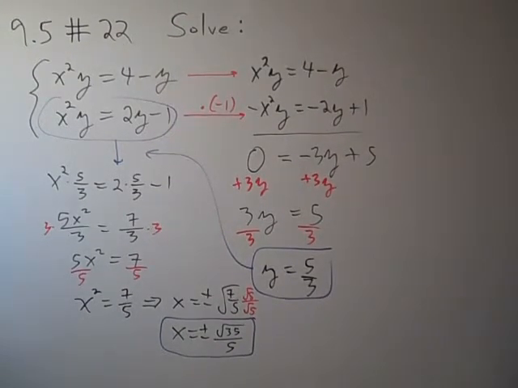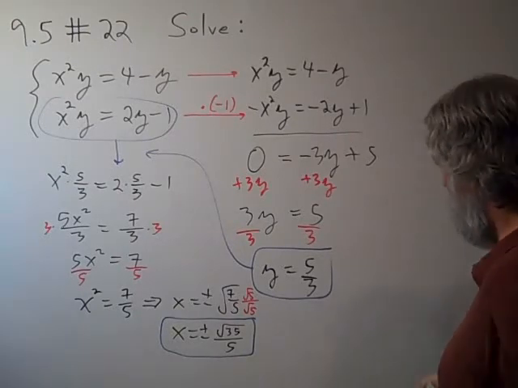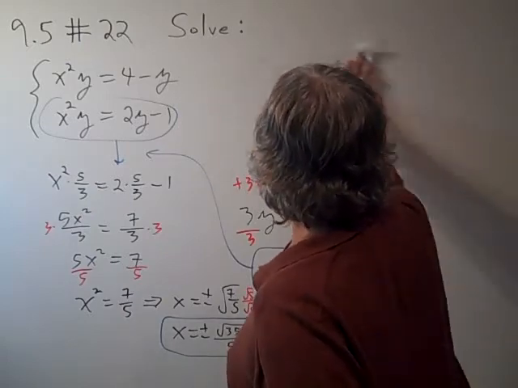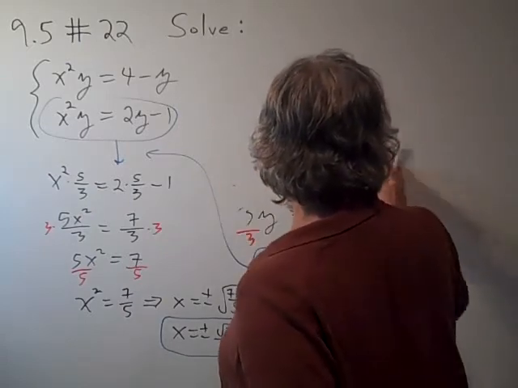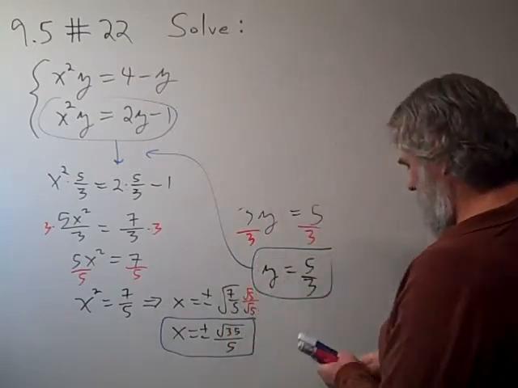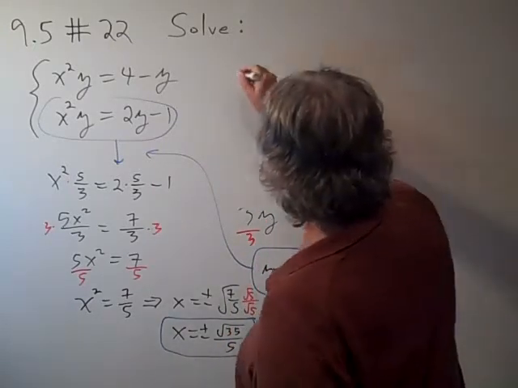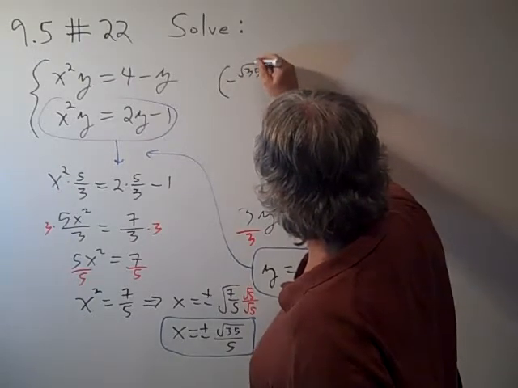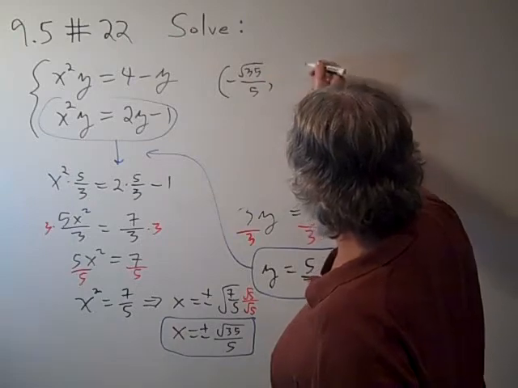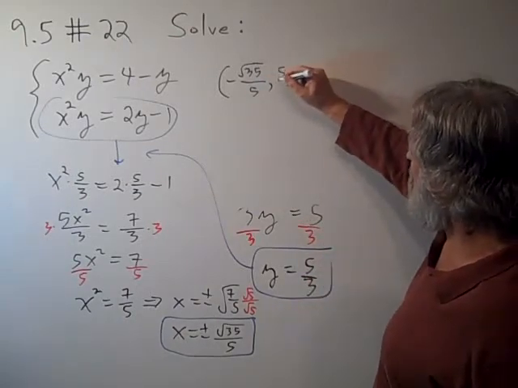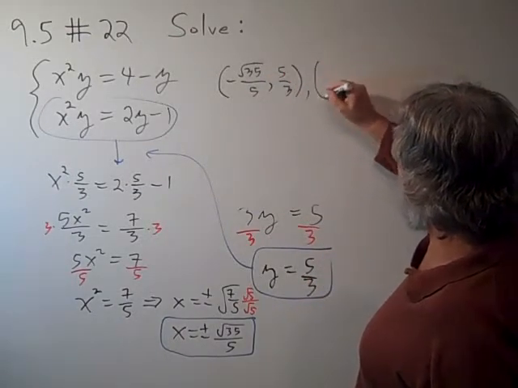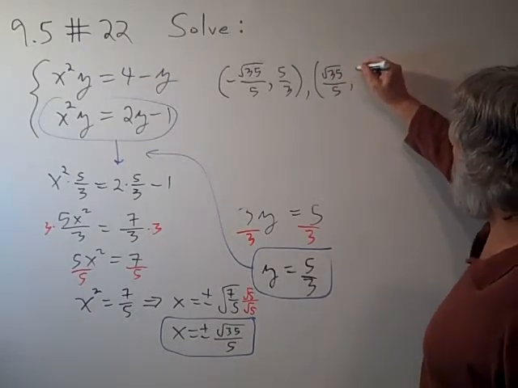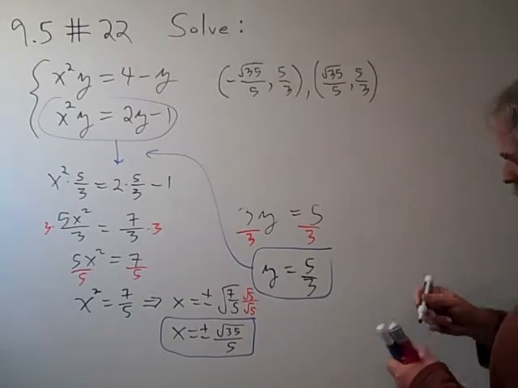And so the solution point, the intersection of these 2 curves, is given by the 2 points with x equal negative radical 35 divided by 5, comma 5/3, and the other point is radical 35 divided by 5, comma 5/3.